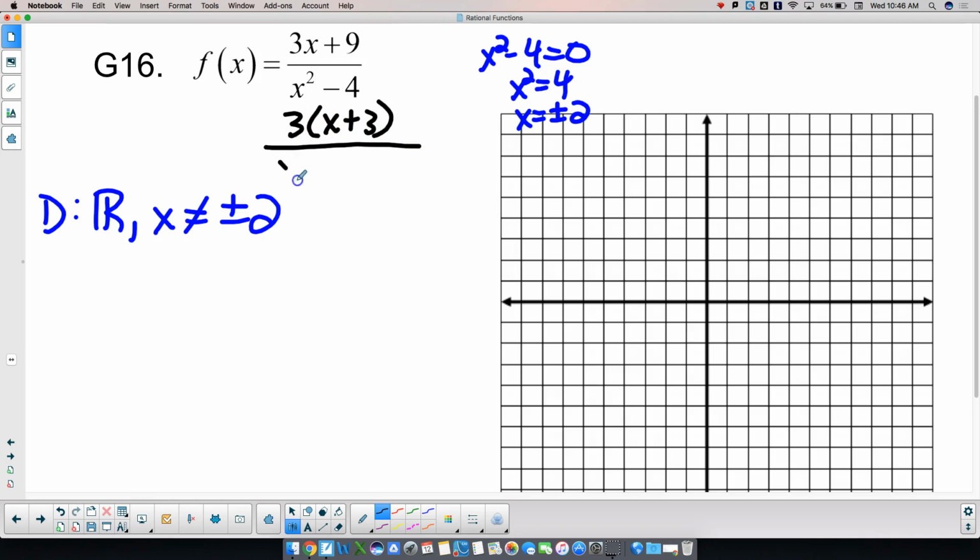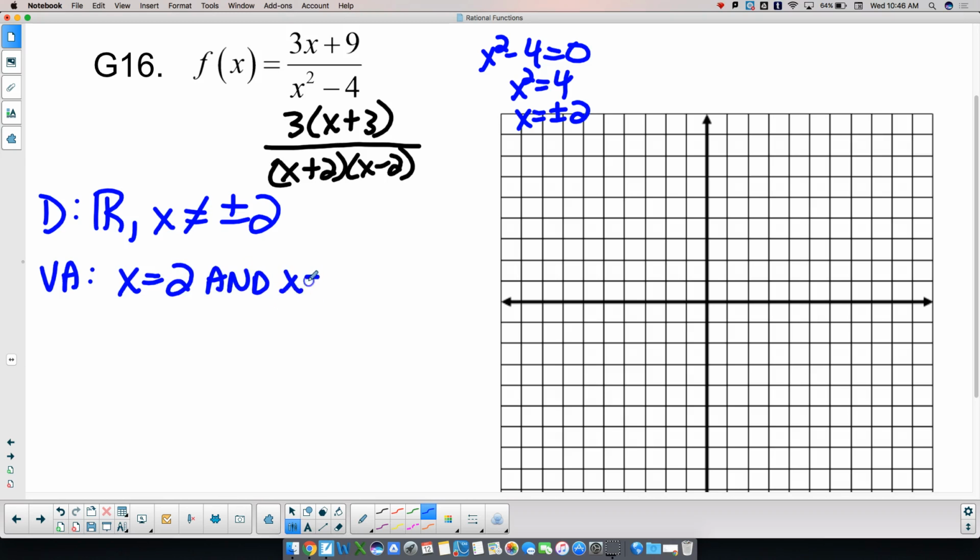The bottom factors to be x plus 2, x minus 2. Nothing cancels out, so everything's going to stay the same. So we have vertical asymptotes at positive 2 and at negative 2. Horizontally, top is 1, bottom is 2. That's y equals 0 as a horizontal asymptote.